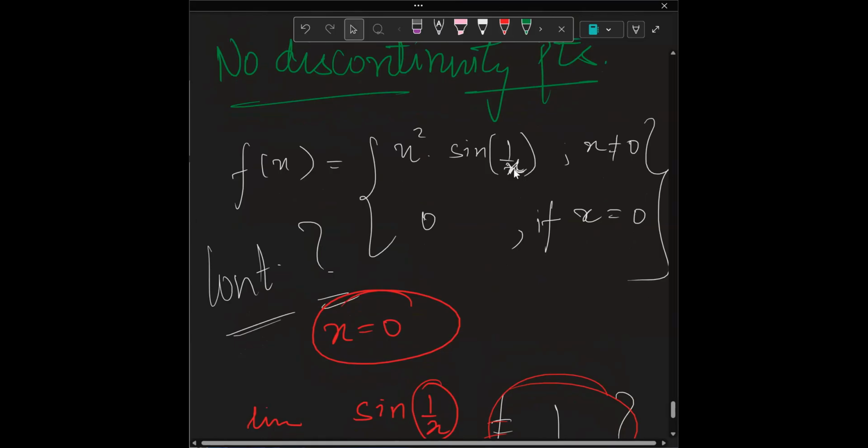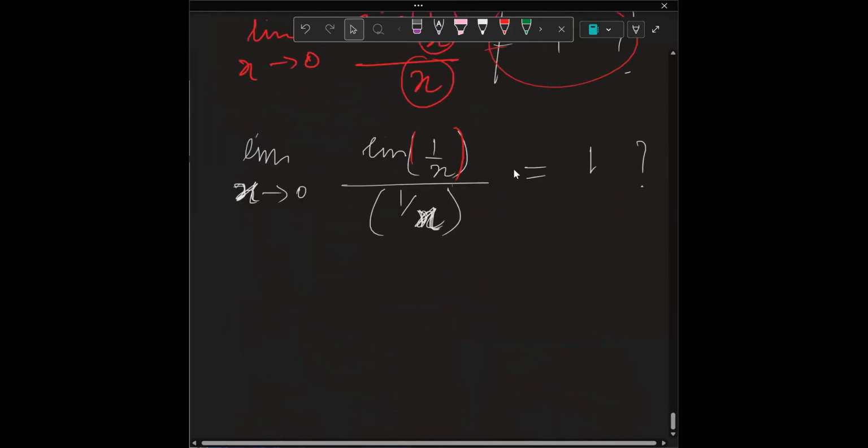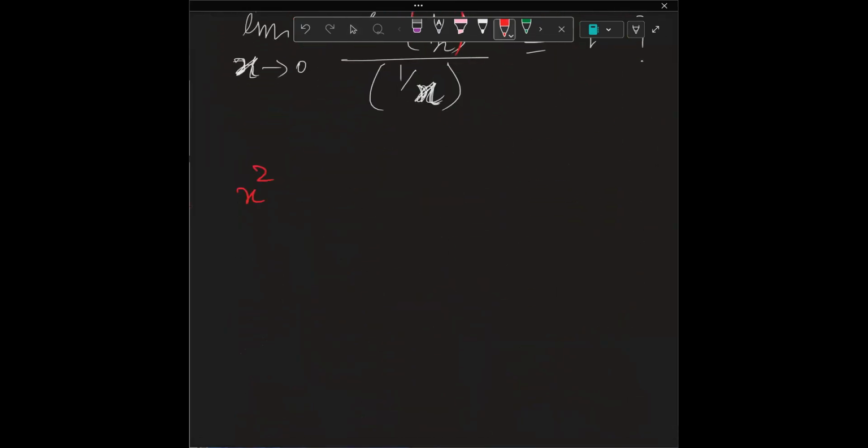What you have to do to just get 1, we have to make it like that. So this is our sine 1 over x. We do not have any 1 over x in the denominator. So what we will do, we will multiply 1 over x in the denominator, and we will multiply 1 over x in the numerator just to get this one.